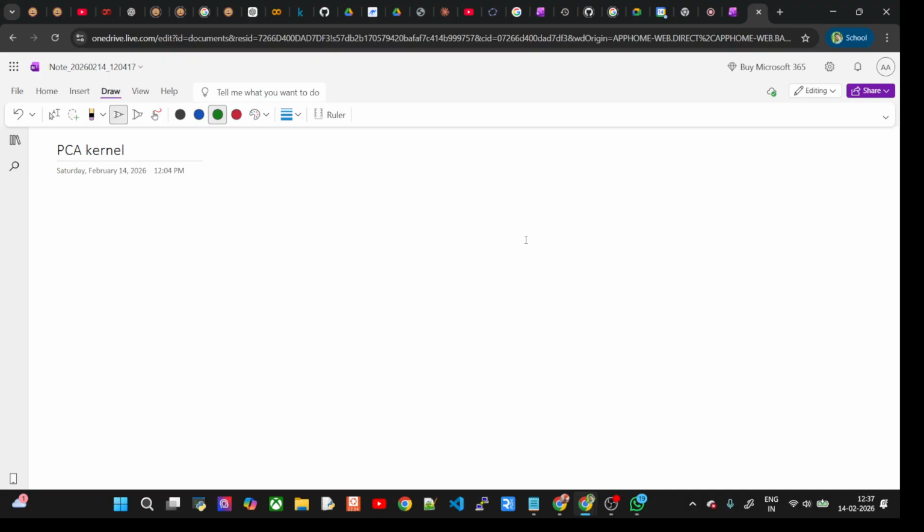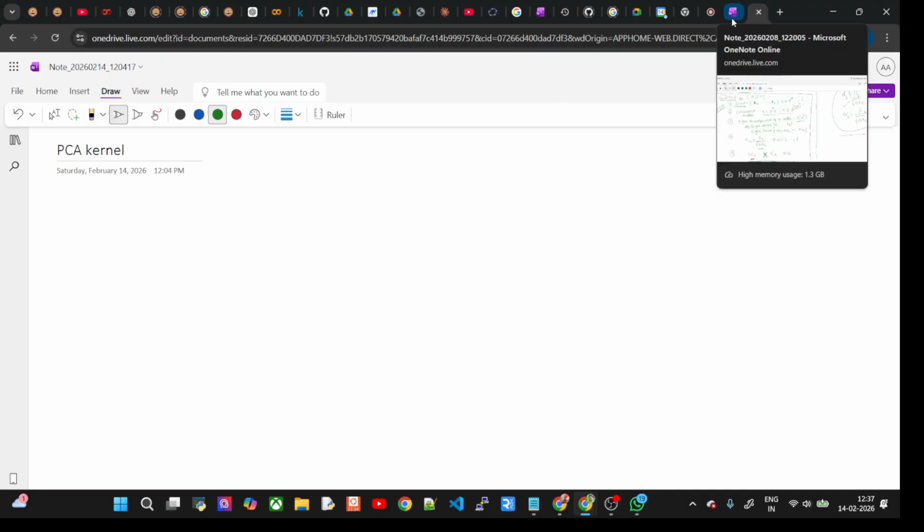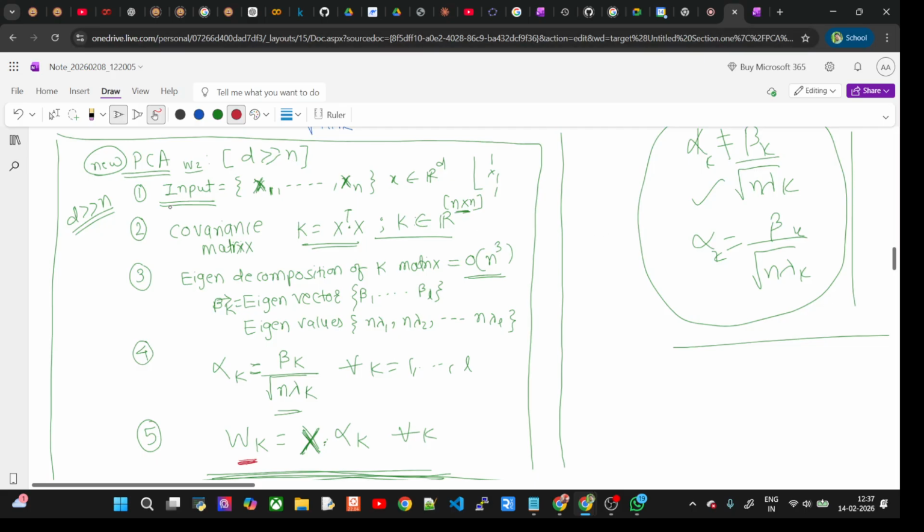When d, meaning dimensions, is greater than your number of data points, then you have to figure out another way of PCA. Take the input, calculate the mean the same way, and get your centered data. Once you get the centered data, calculate X transpose X, the covariance matrix, and afterwards calculate the eigen decomposition: the beta eigenvectors and the lambda eigenvalues.